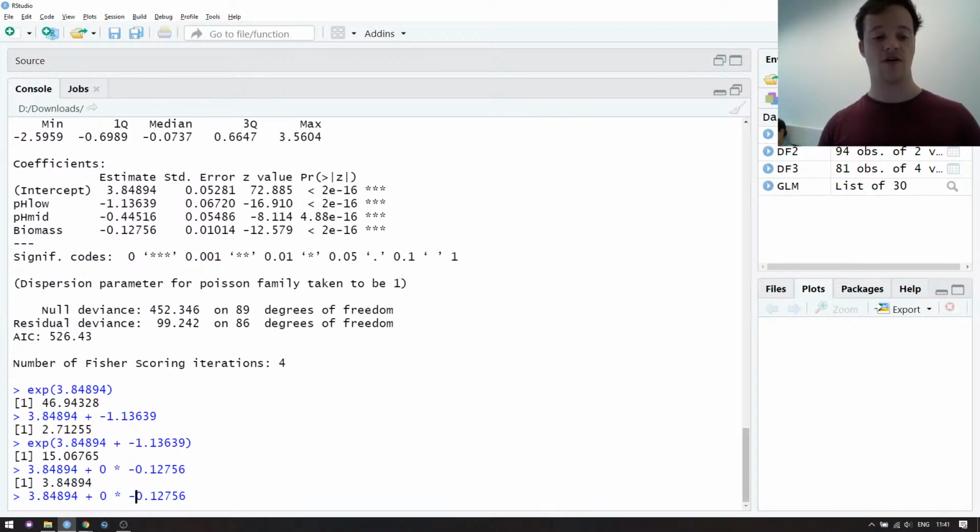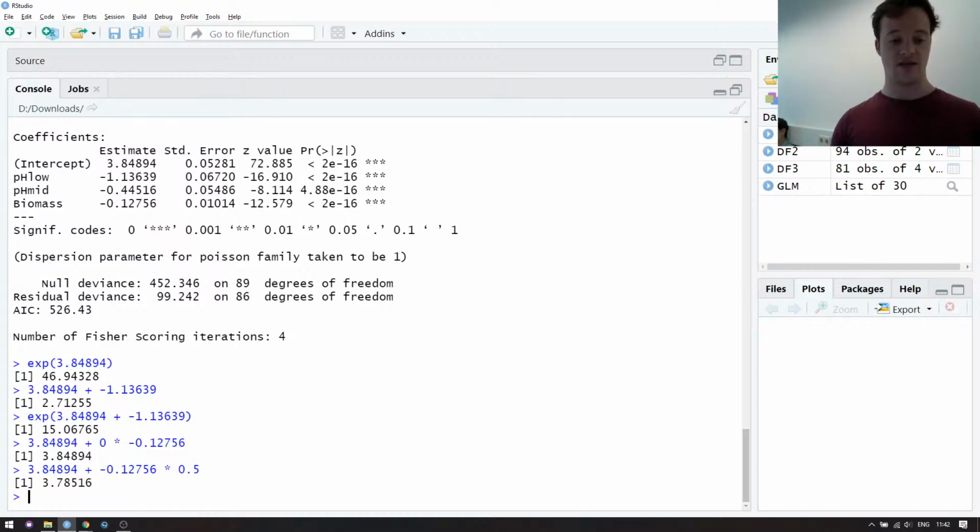But if I want to know, okay, if I have a biomass of 0.5, then I just add this value. This is what I multiply the slope with. Or more in line with how you learned it: intercept plus slope times explanatory variable. This is the estimate on the linear part.